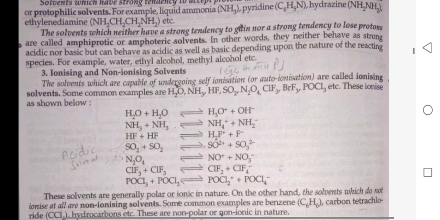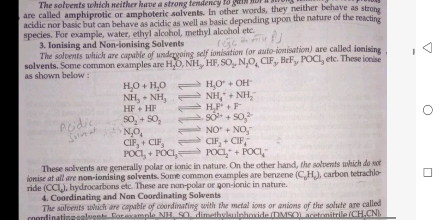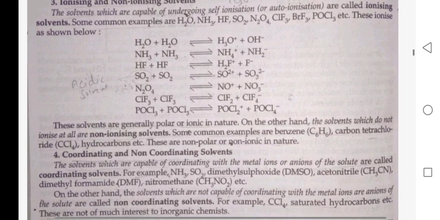The solvents which are capable of undergoing self-ionization are called ionizing solvents. Some common examples: water, ammonia, hydrogen fluoride, sulfur dioxide, etc. For example, 2H2O in equilibrium gives H3O+ plus OH-.